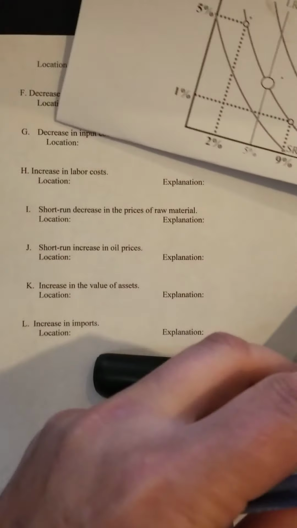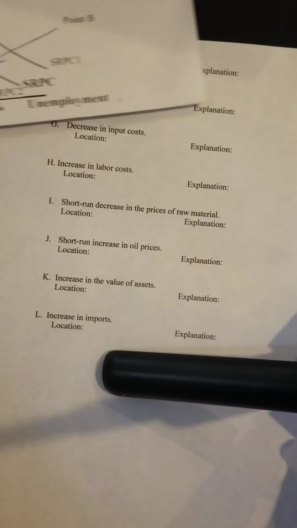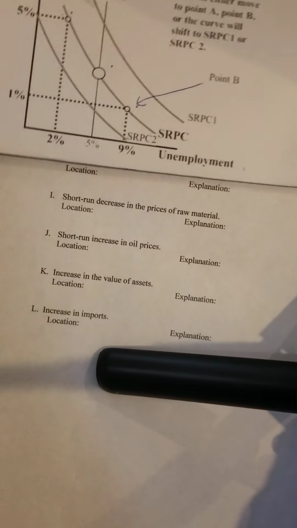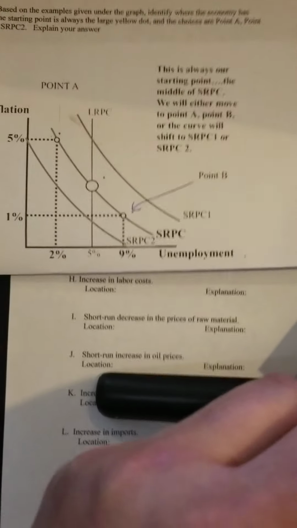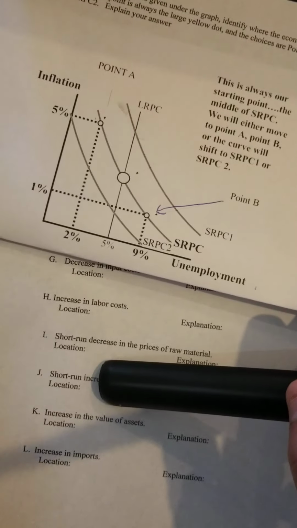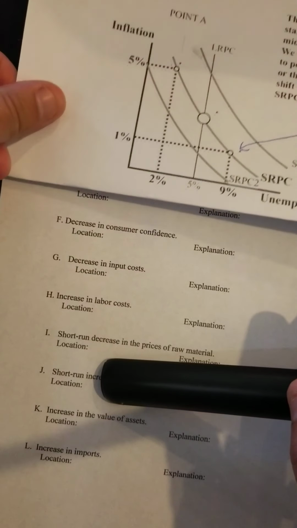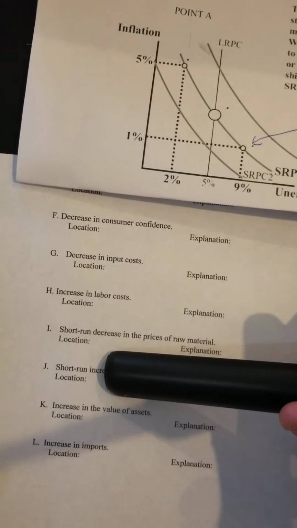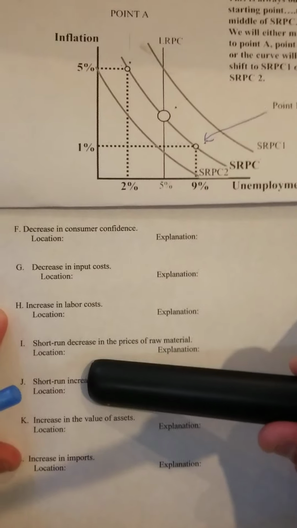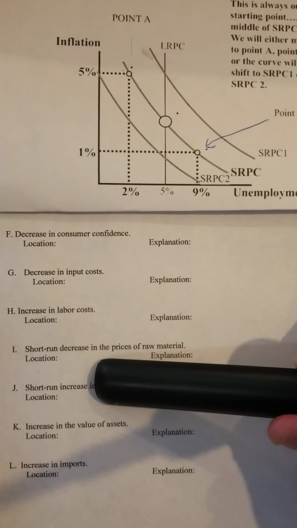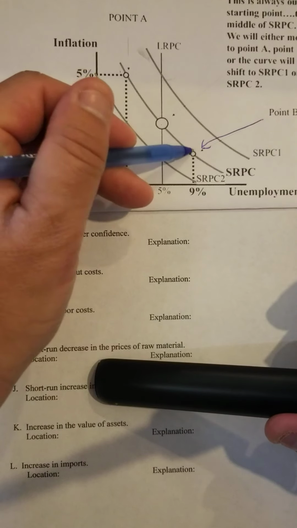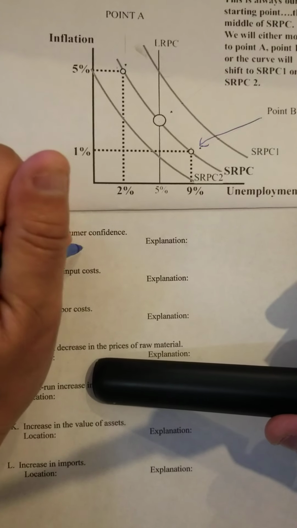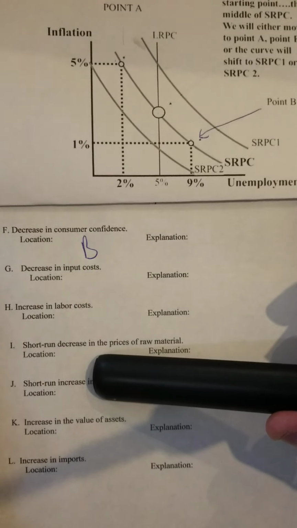Okay, so a decrease in consumer confidence. Okay, so if the consumers feel that the economy is not headed towards a good place, they're going to spend less money. Okay, so if they spend less money, then we move to point B. It increases unemployment.